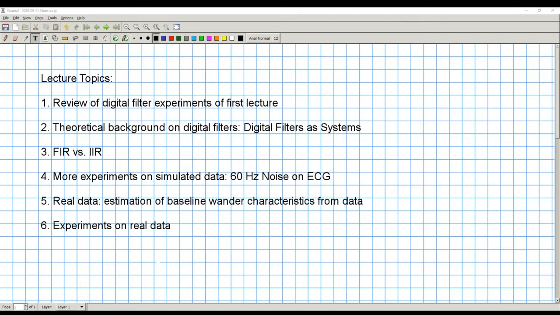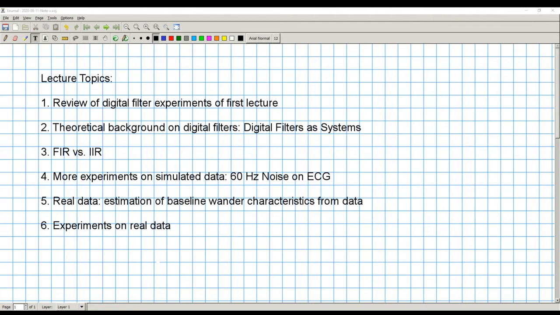Then, before we start working with real data, we don't really know the kind of artifacts that we have or what their parameters are, and it's very difficult for us to design a filter. At least we don't know the specifications of the filters that would be suitable.